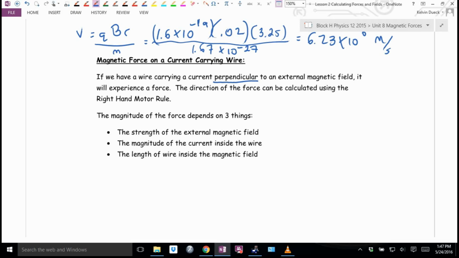It turns out the magnitude of the force depends on three things: the current, how much wire, the length, and the strength of the external magnetic field it's in.